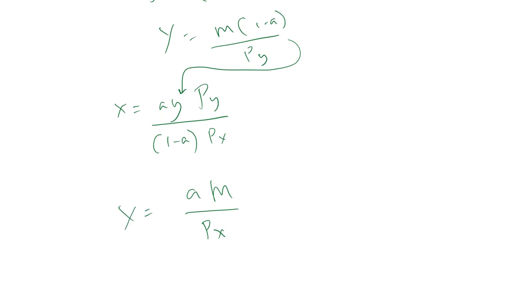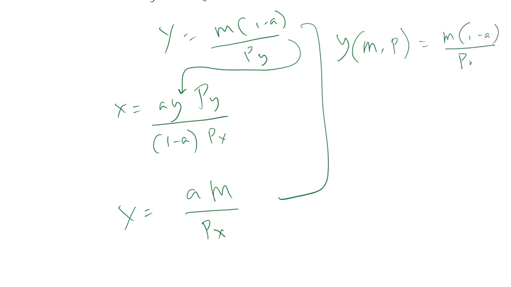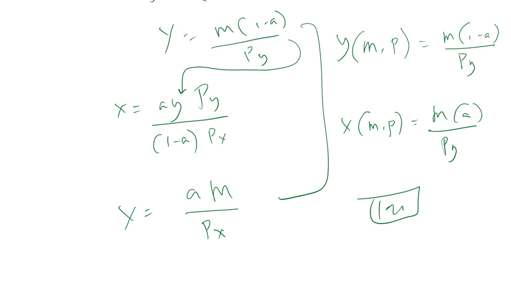So as you can see, these are the Marshallian demand functions because we have y as a function of income and prices, and x as a function of income and prices would be m times a divided by px. And so these are the demand functions.